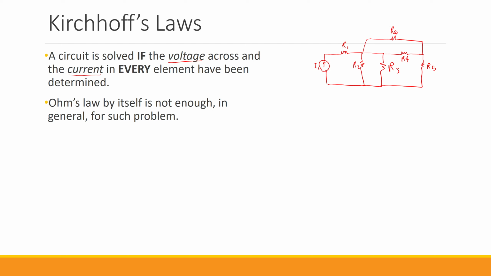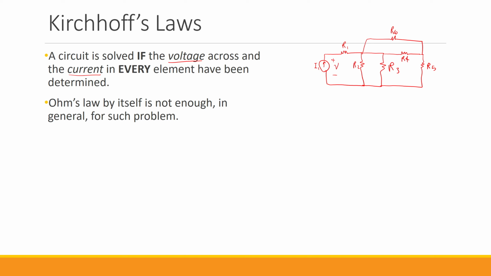For this circuit, we have this current source that basically feeds current to the rest of the circuit, and we have 1, 2, 3, 4, 5, 6 resistors. For each one of them we don't know the voltage across them or the current that goes through them. Even for the current source, we know its current, but we don't know the voltage across it.